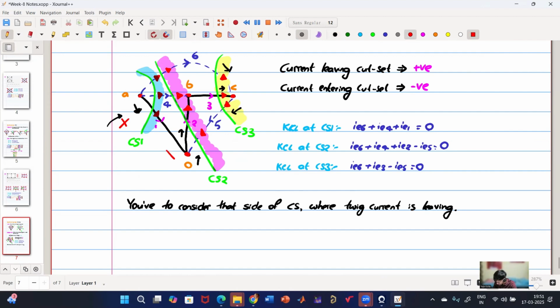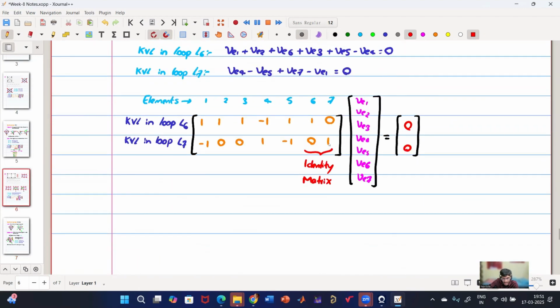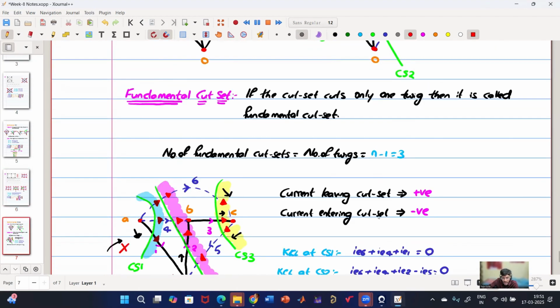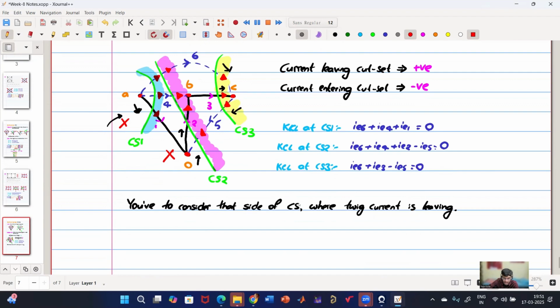So you will not consider this area. Because how you are getting an identity matrix here, the same way you have to get the identity matrix for the cut set, which means IE1, IE2, IE3 should have +1. So you will consider that region of the cut set where you get a positive sign for IE1, IE2, IE3. Get it? Because if you consider the other region, you will get minus IE6, minus IE4, minus IE1 equal to 0. Then you will have -1 for the IE1 coefficient.